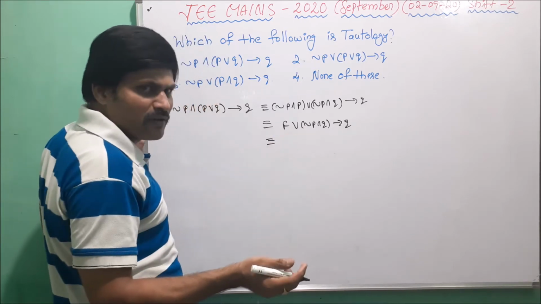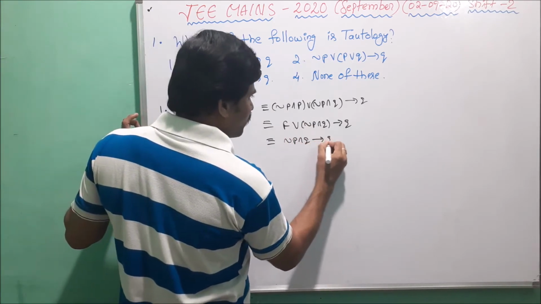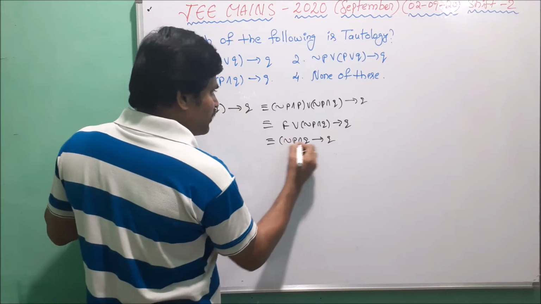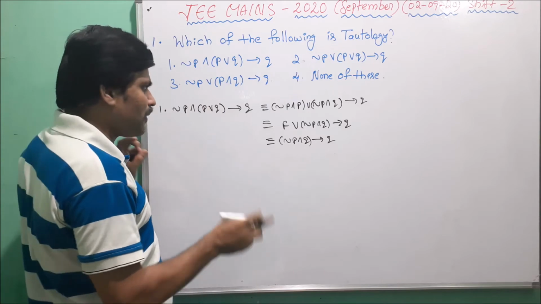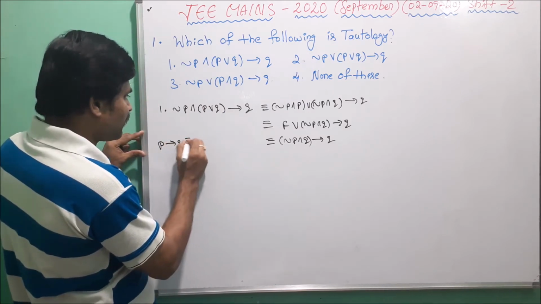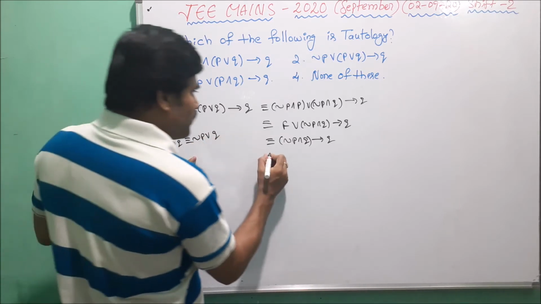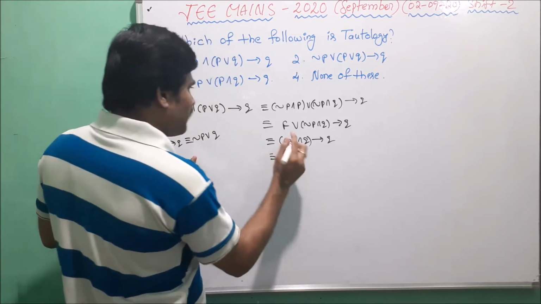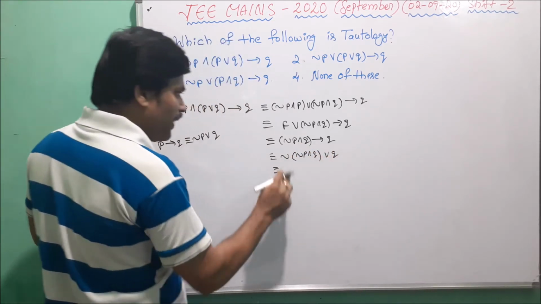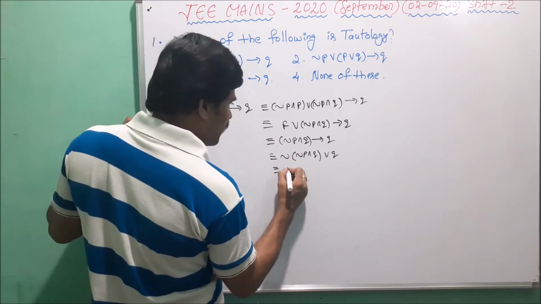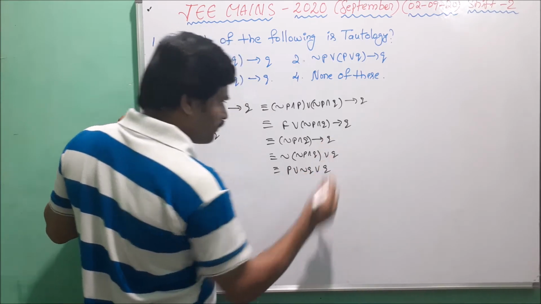F or any proposition gives that proposition, so we get negation P and Q implies Q. Here we observe this is of the form P implies Q, which is logically equivalent to negation P or Q. Using this relation, we write negation of (negation P and Q) or Q. Now we expand the negation: negation of negation P, that is P or negation Q, or Q.